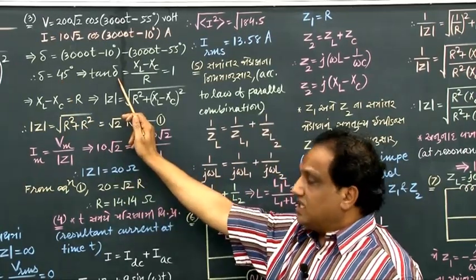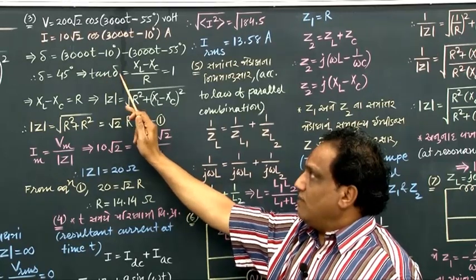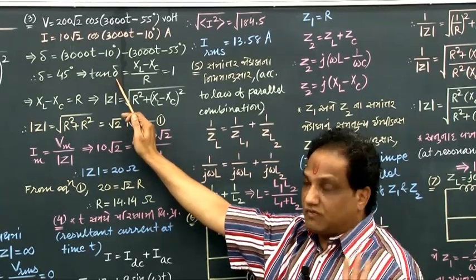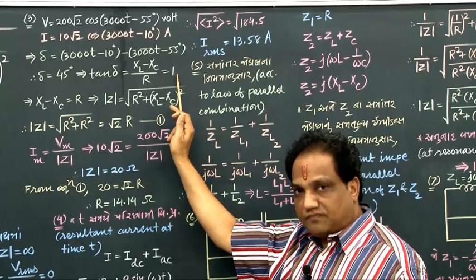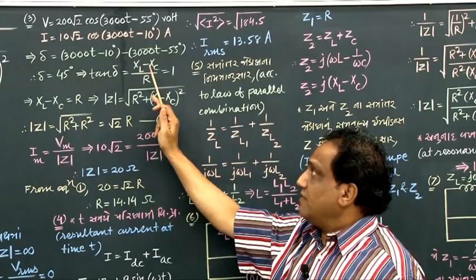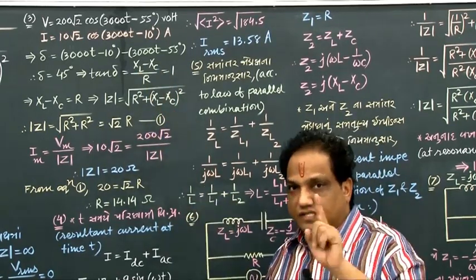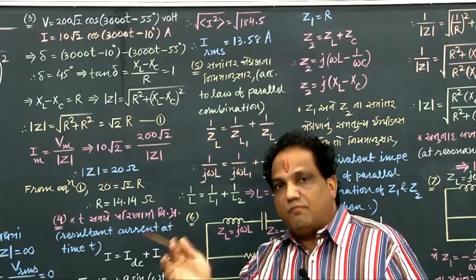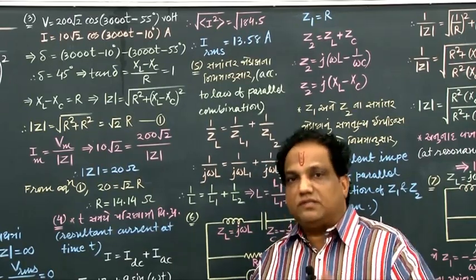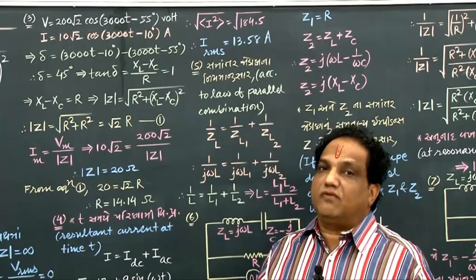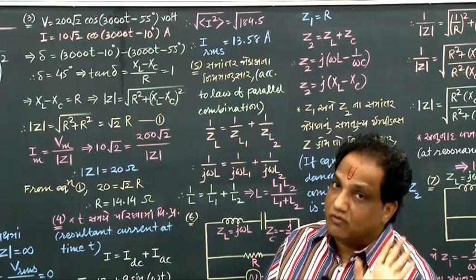And if delta is minus 45 degree, then tangent of minus 45 degree comes out to be minus 1. In that case, XL minus XC will be minus R. Multiply on both sides by minus 1, then you get XC minus XL equal to R.